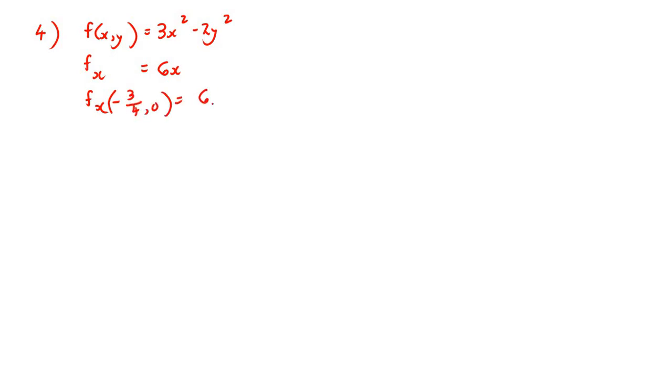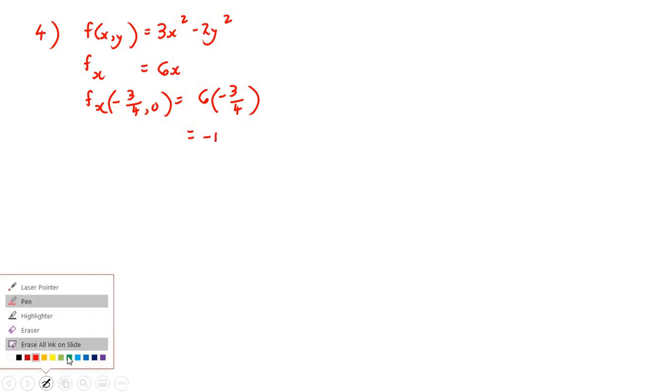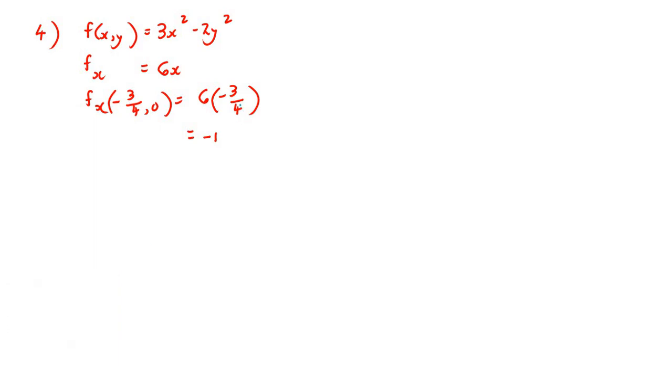So I get 6 times negative 3 over 4, which simplifies to negative 9 over 2.